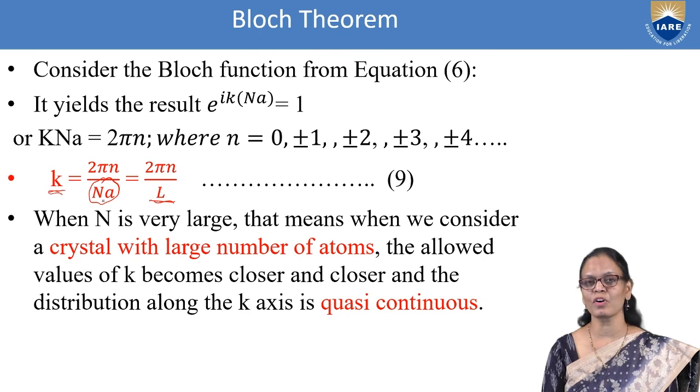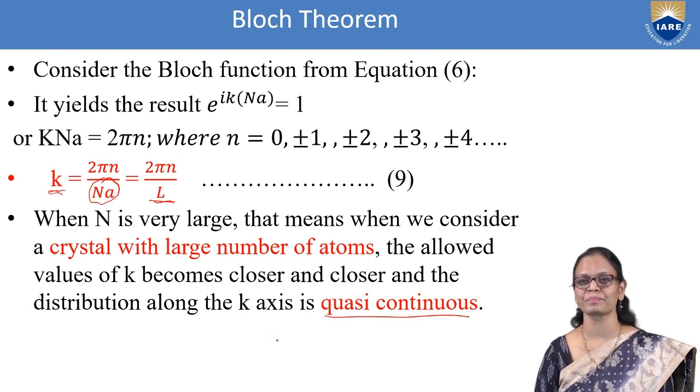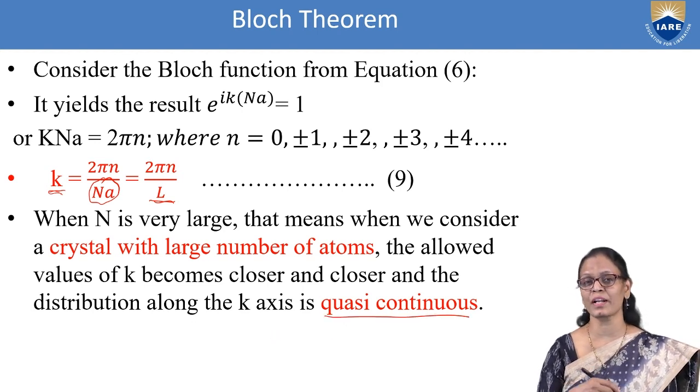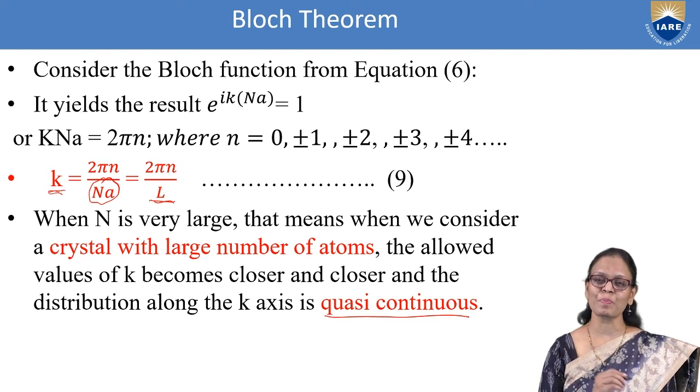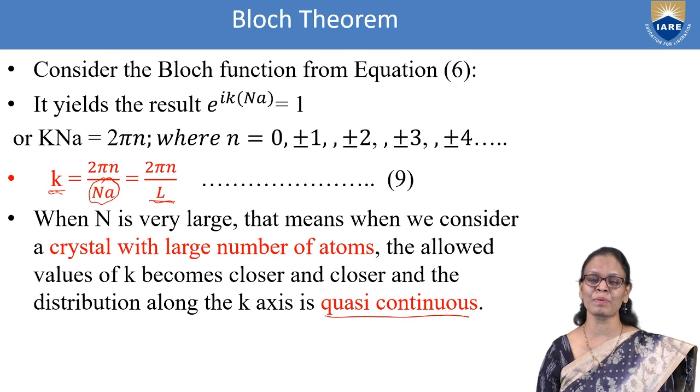So as the value of N keeps on increasing, what happens? These values of k become closer and closer. So then what happens? Along the k-axis, it becomes quasi-continuous. So what we are trying to understand is both when it is small, what happens, and as it becomes large, how the values of k come closer and closer, and it looks as though it is a quasi-continuous state.